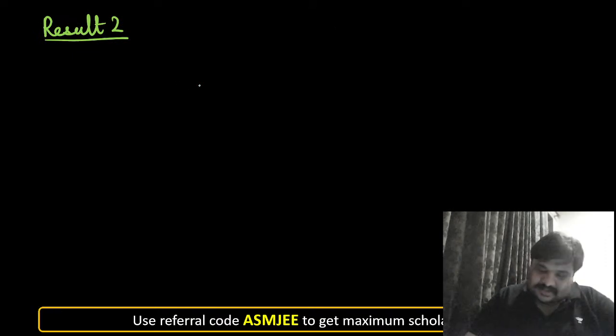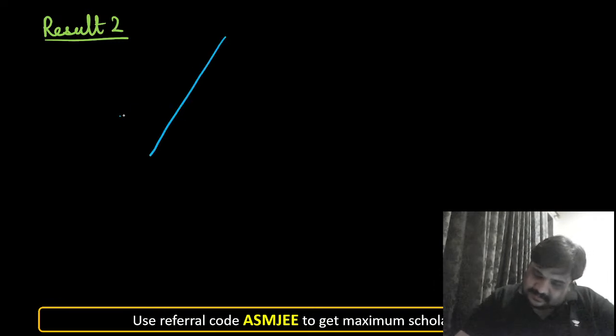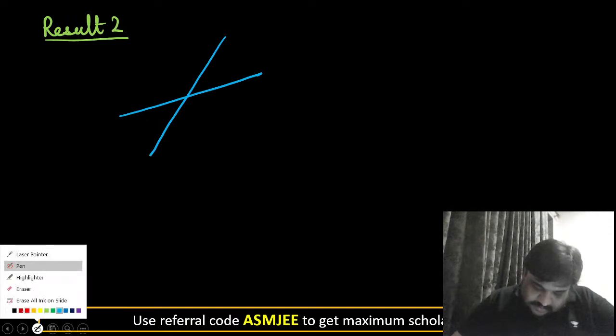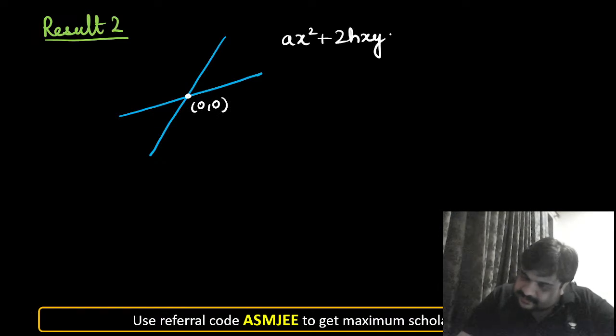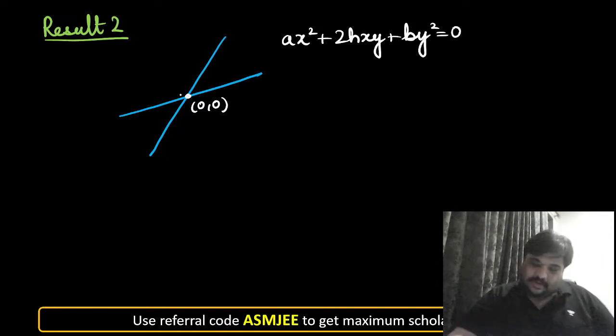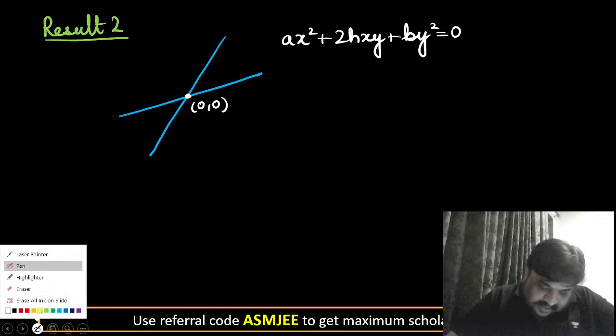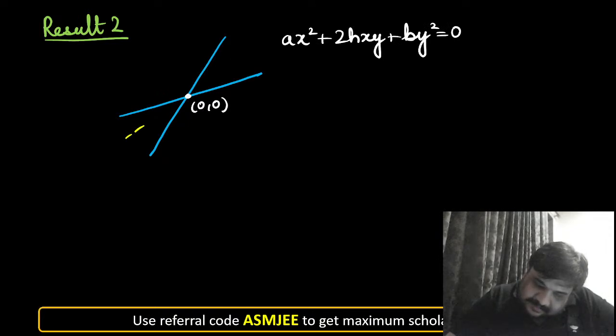Okay, result 2 is, suppose you have two pair of straight lines, which is the small pair, which is this. Now you very well know you can separate these two and then find the bisectors, angle bisectors.